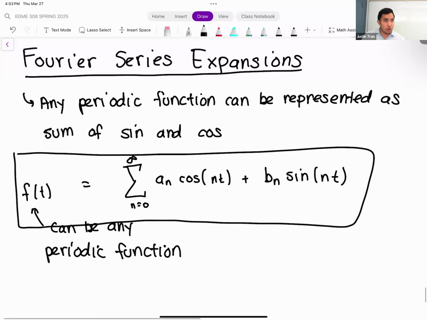Quite a few things to highlight in this expression. The first thing to highlight is that this is an infinite summation. In order for your periodic function to be represented exactly, you technically have to add together an infinite number of terms.